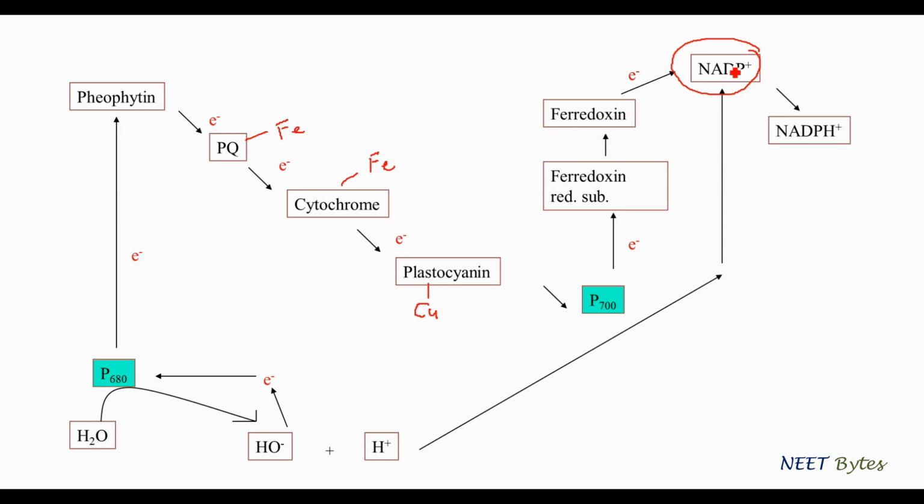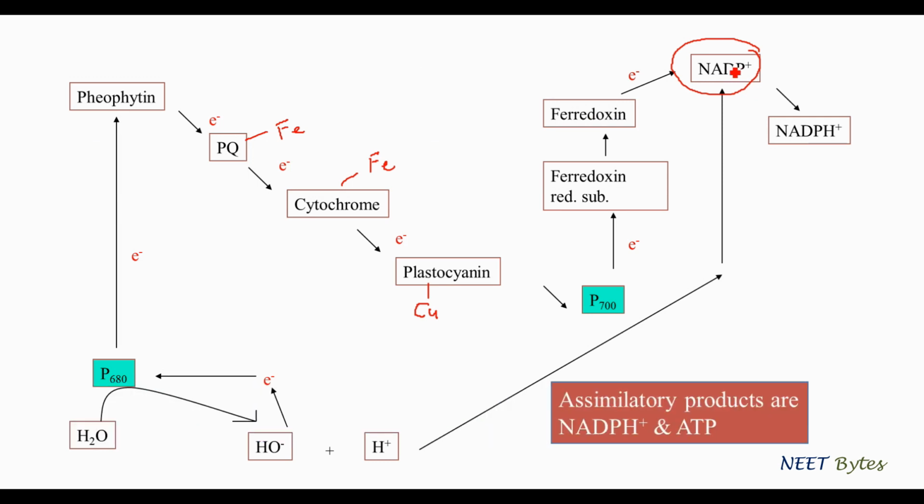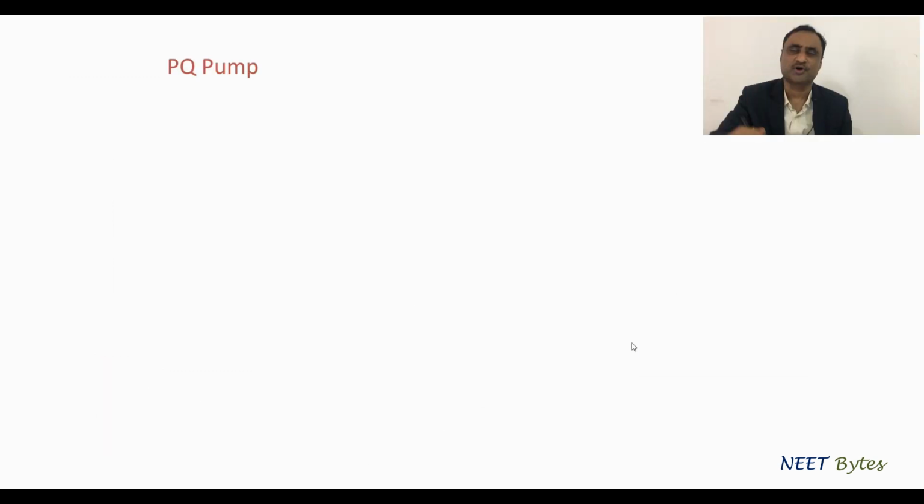This is one of the assimilatory powers, right? So this is how the assimilatory powers are formed in the light reaction, or the non-cyclic electron transport system. In the non-cyclic electron transport system, the assimilatory powers are formed as NADPH and ATP. How ATP is formed, we will discuss in the chemiosmotic hypothesis later on, right? Let's talk about the cyclic one.